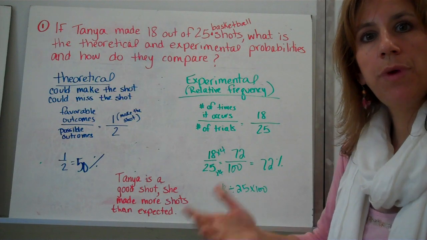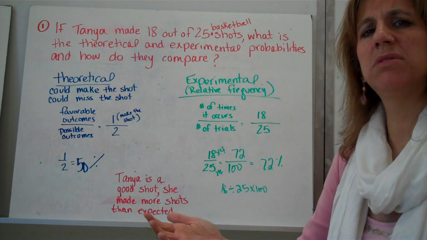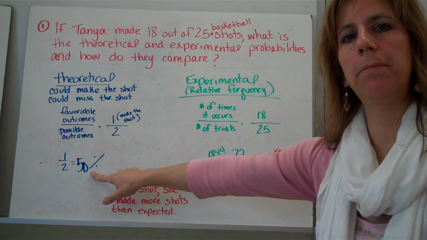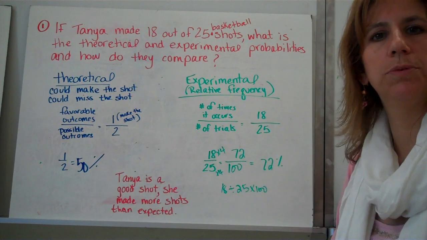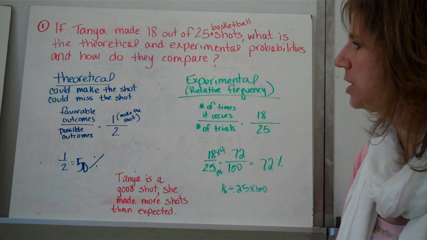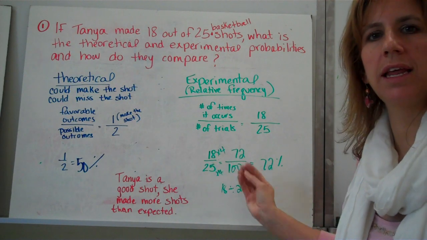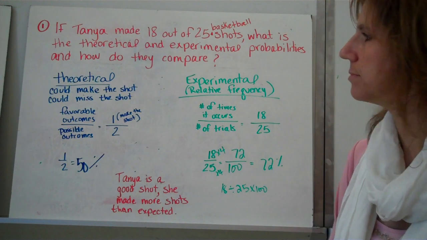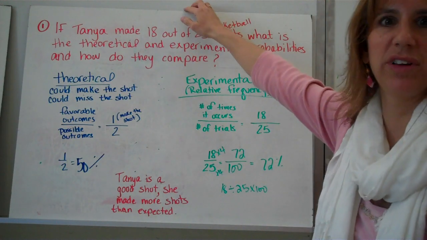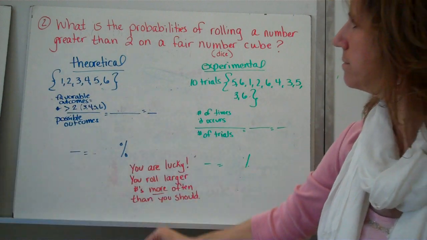Wow. Theoretically, she should be able to get it into the net 50% of the time. But she must be a really good shot, because she got it in 72% of the time. So she is a pretty good basketball player. She's getting it in more times than what we're expecting her to do. Maybe some of you are really good basketball players too.